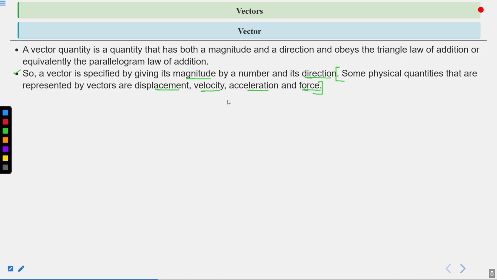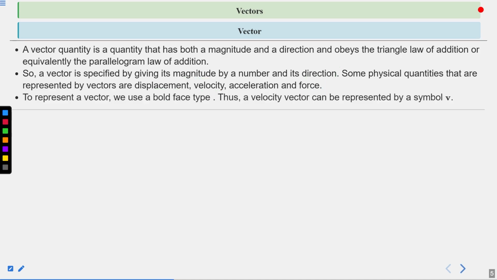Clear? Listen carefully, how can we represent a vector? To represent a vector, we use a bold face type. Suppose we have a term V, and here V is bold. So we can say V is a vector.